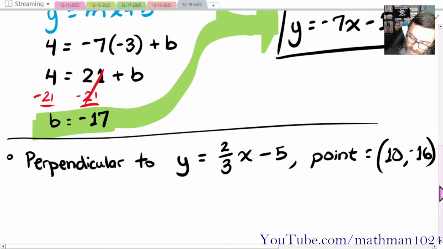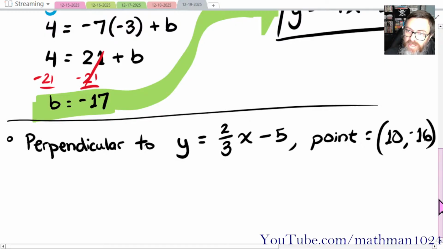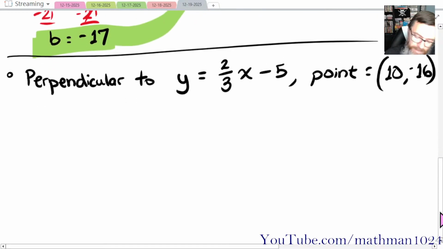All right, let's see what we can do here. From this equation, this is the line that we're supposed to be perpendicular to.